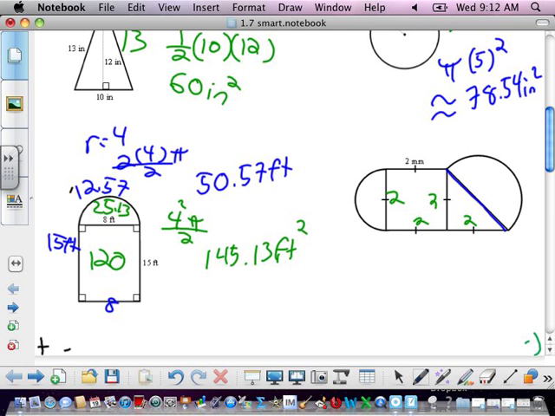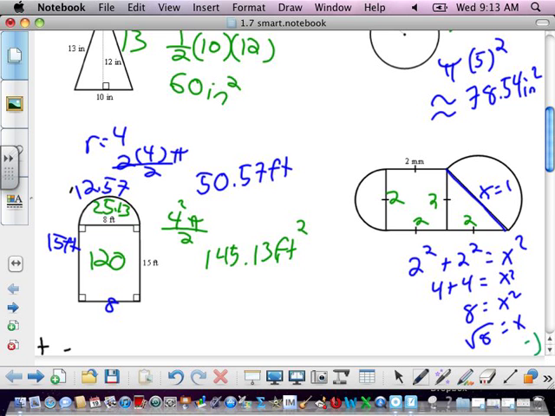Do you guys remember Pythagorean theorem? Yeah, it's 2 squared plus 2 squared equals, I'm going to name this x squared. So I get 4 plus 4 equals x squared. So I get 8 equals x squared. So we're going to call it the square root of 8. Okay.